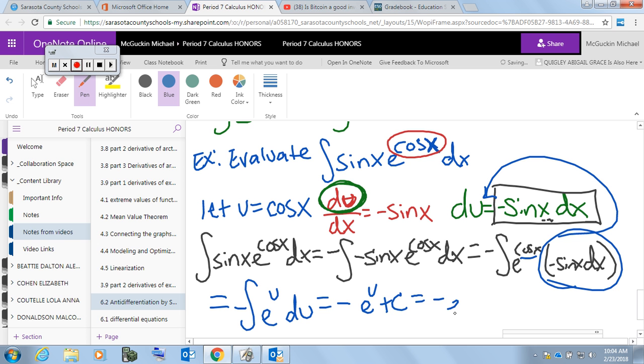So we wrap this up by replacing u back in there. The answer to our evaluation is negative e to the cosine of x plus c. Ladies and gentlemen, that is the first u substitution that we have looked at this school year.